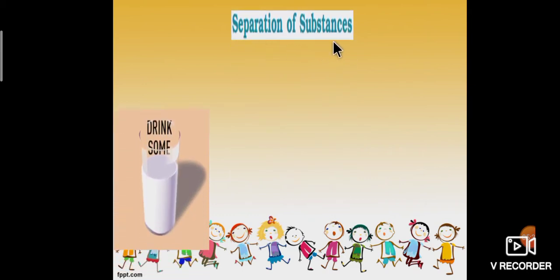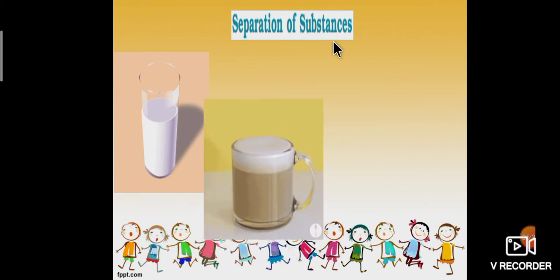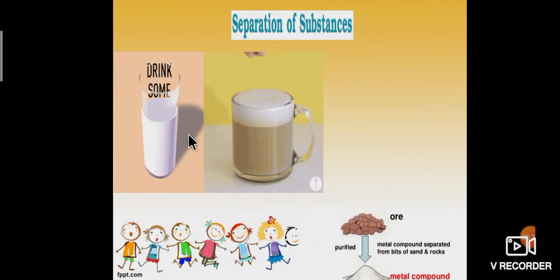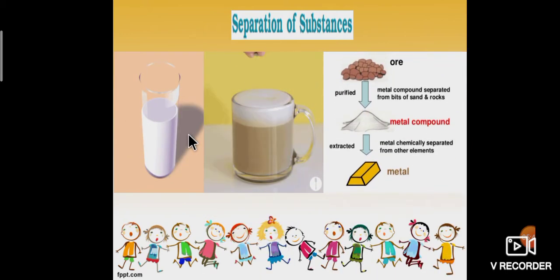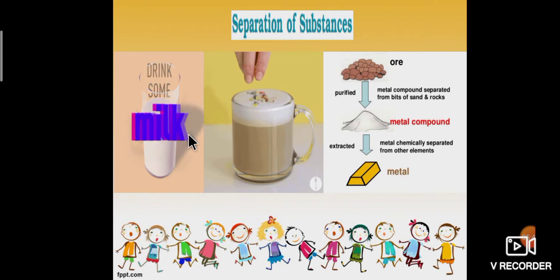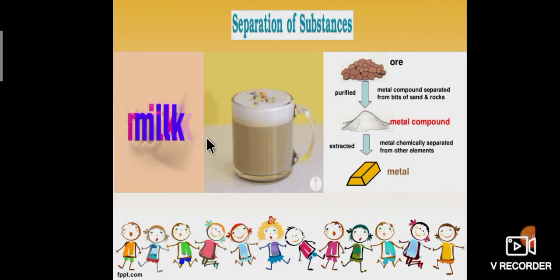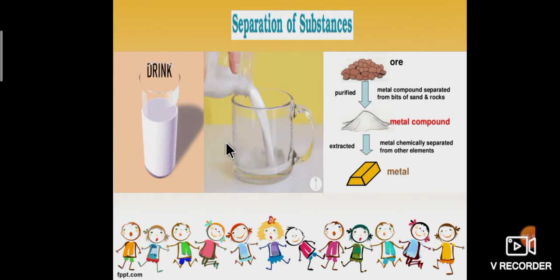Separation of substances. Okay, let's go with some examples. Materials we use in our daily life are got from different sources and are very often combined with other substances. Some mixtures like milk, coffee are taken as such. But in the case of metals, they occur in the form of ores.